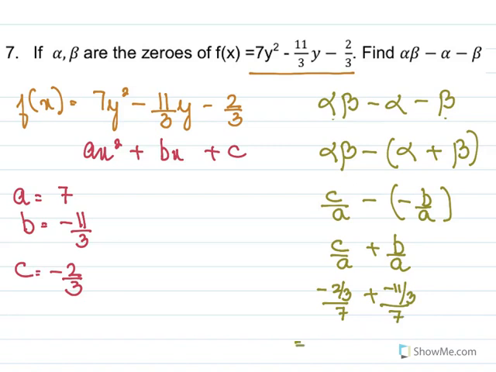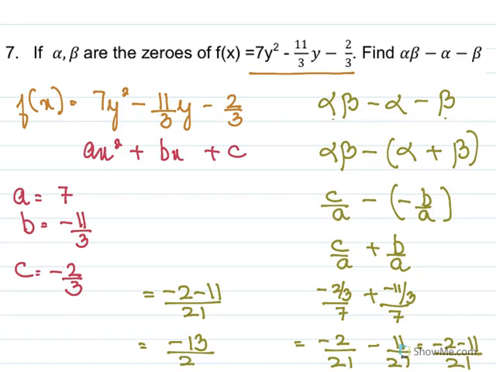So here we'll have minus 2 by 21 minus 11 by 21 equal to minus 2 minus 11 over 21, and it will be minus 13 by 21. So alpha beta minus alpha minus beta is minus 13 over 21.